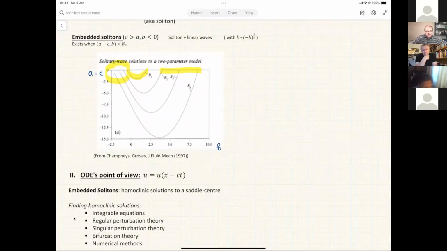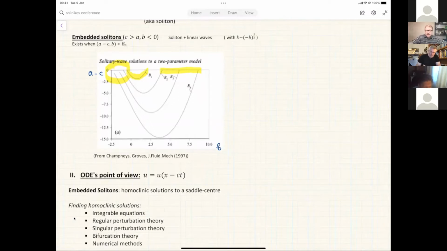So the easiest way is in the situation if the equation is integrable, then solitons can be found explicitly or almost explicitly. Then if there are explicitly known solitons, a regular perturbation theory can be applied, so it's like expansion in parameters.